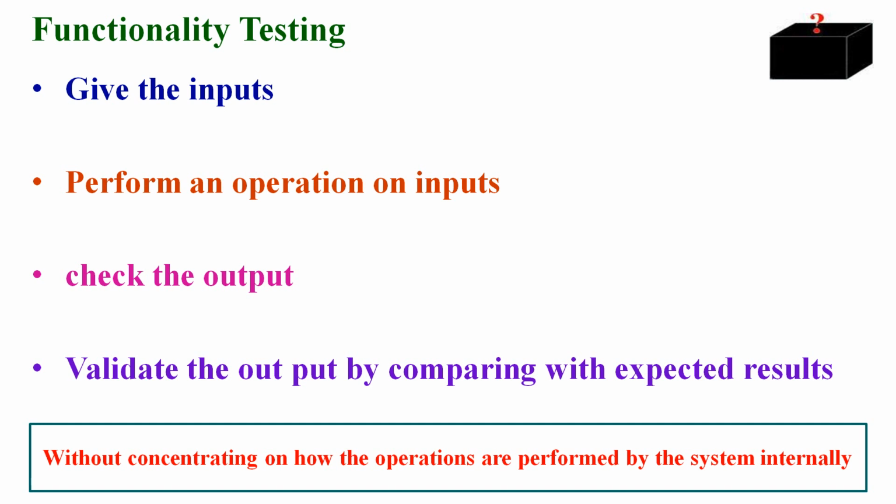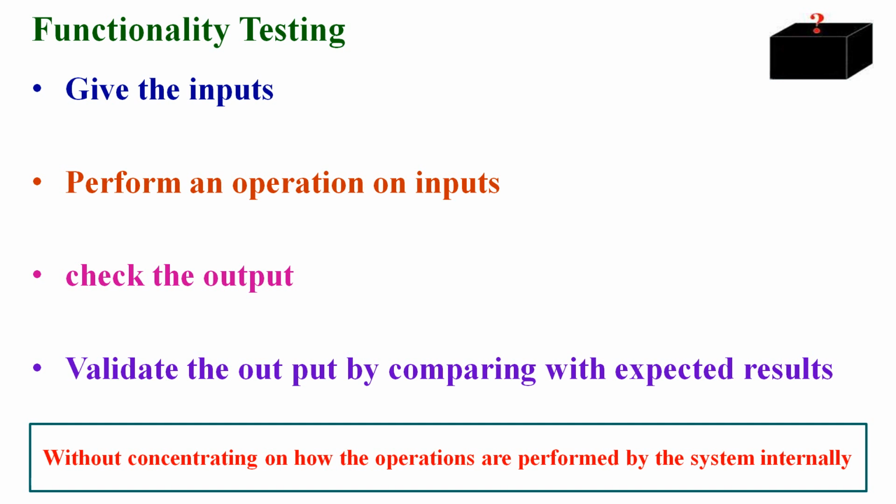After performing the operation, then you have to check the output, whether we got the output or not. After getting the output, you have to validate whether that output is correct or not. As a software test engineer, we have to validate whether that output is matching with the expected results or not. That means you have to compare that output to the expected results.